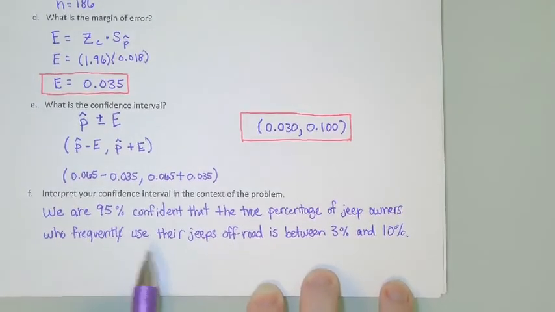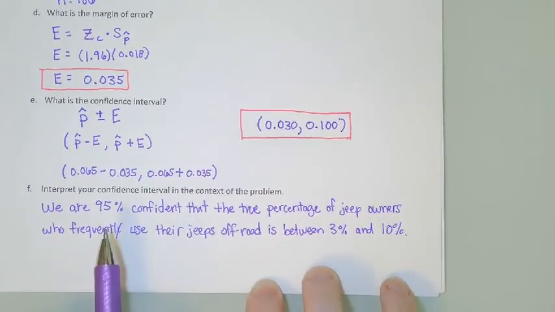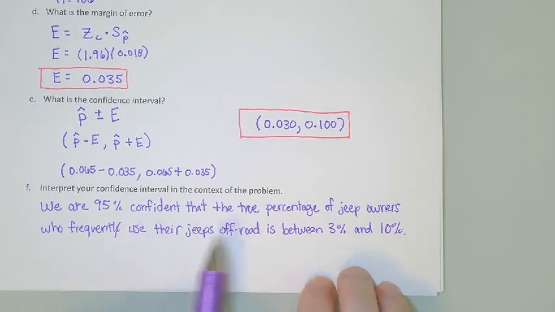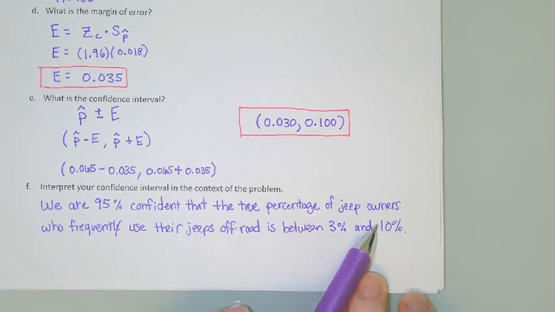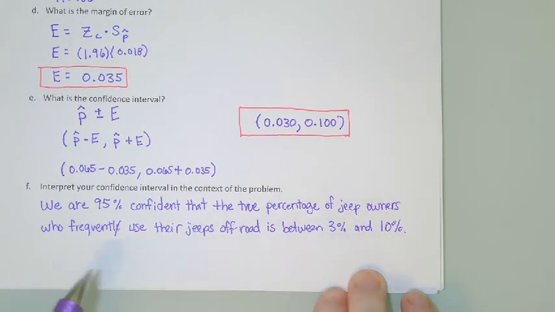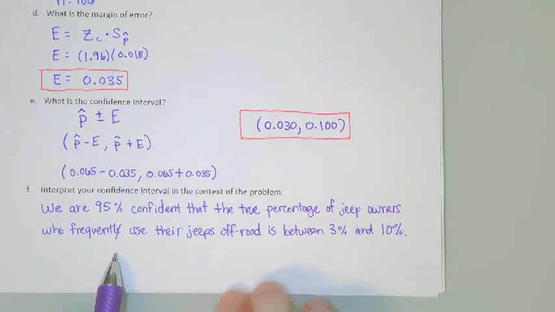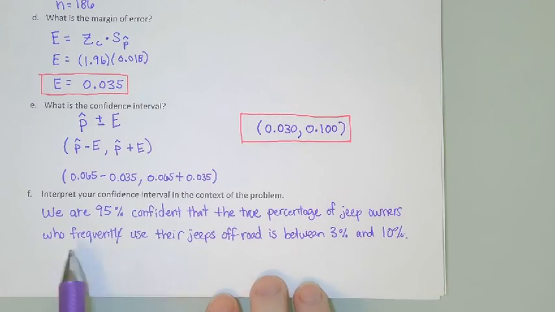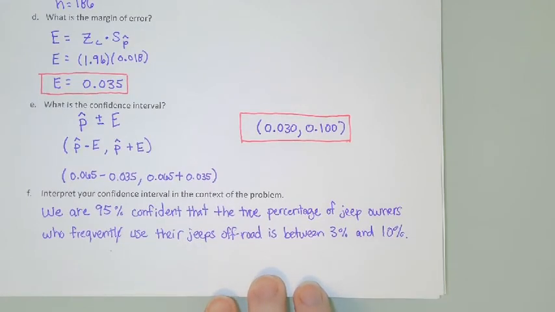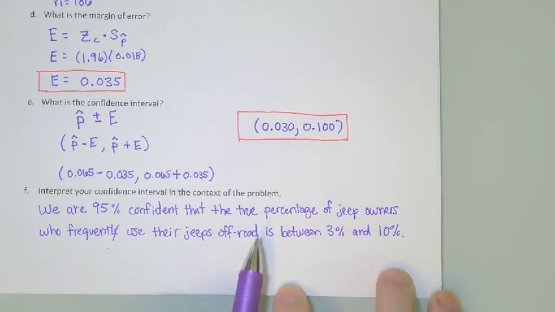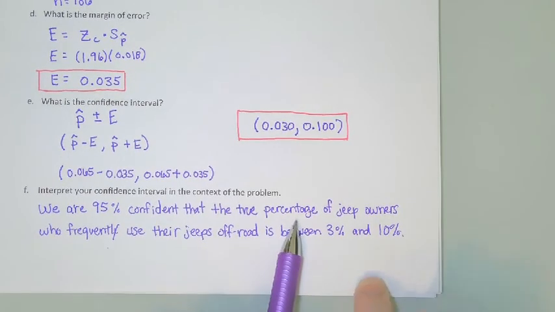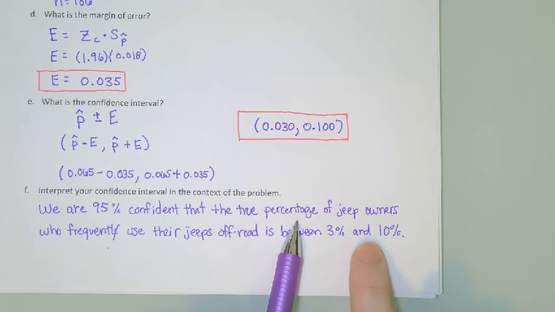Again, it's important that we're including all the descriptors. We're talking about Jeep owners. We're talking about those who not maybe sometimes go off-road, but frequently take their Jeeps off-road. Here I used the word percentage, and I've used the percent values.